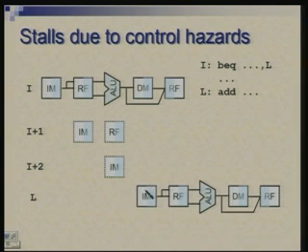Then the address changes, the sequence is broken, and you can fetch the target instruction here. But now you realize that the two instructions which had entered the pipeline are not the ones you intended, and therefore they need to be flushed out. So, you need to actually generate a control signal which will do this.